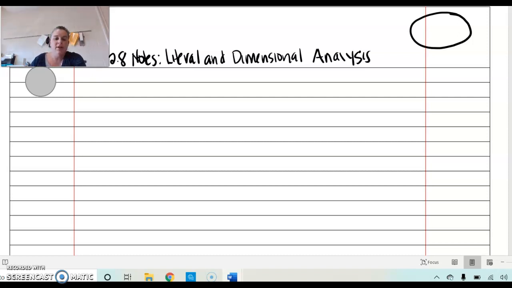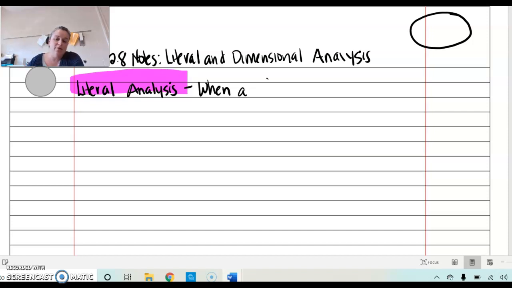So the first one that we're going to take a look at is the literal analysis. I actually really like doing this. Highlight that. So literal analysis is literally when you have a formula or an equation that has multiple variables in it and you're asked to solve for one of them.